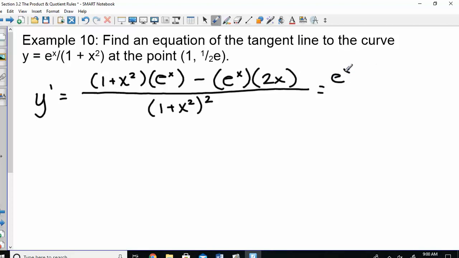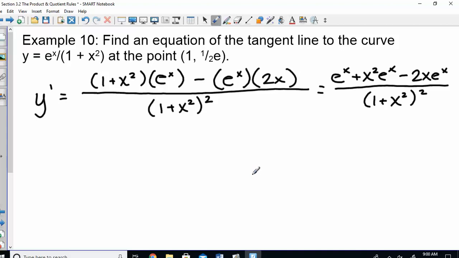If we distribute, we get e to the x plus x squared e to the x minus 2x e to the x. Okay, so my slope, that's like my formula for slope. The point I'm looking at, my x is 1.